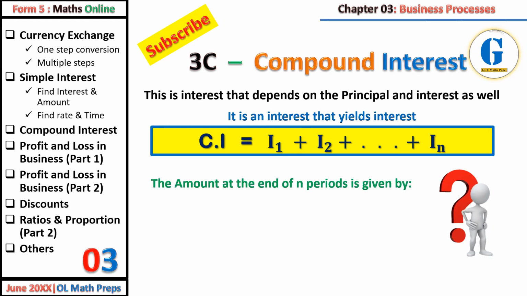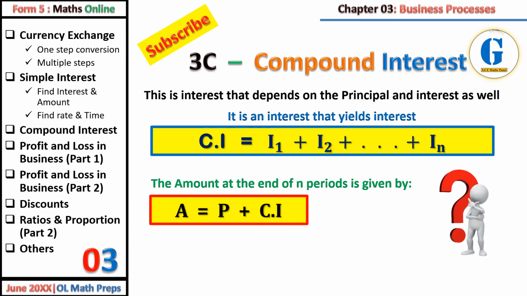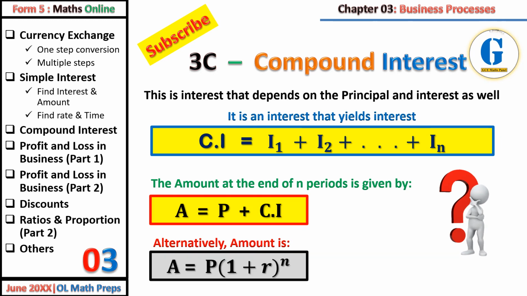The amount at the end of the n periods is given by amount equals principal, or the capital or the investment, plus the compound interest. Alternatively, this formula can be used to obtain the amount, especially when we have a longer period.